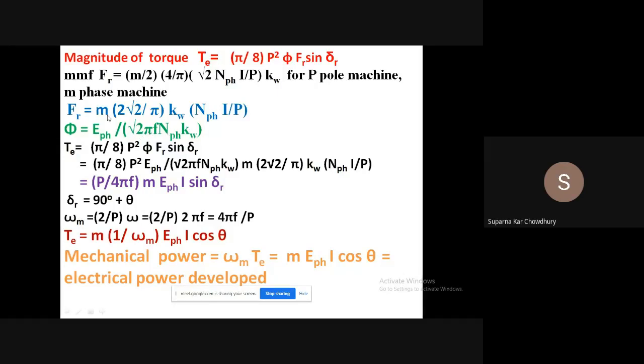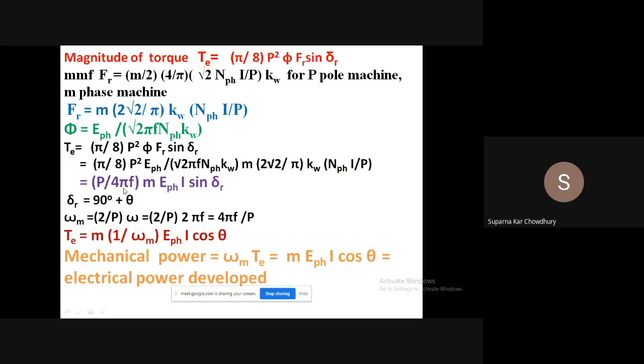Putting these values in this torque expression and rearranging, we have p by 4 pi f m E phase I sin of delta R. Now delta R is approximately 90 plus theta. And omega m is 2 by p twice pi f, so 4 pi f by p, so this is 1 by omega s basically.